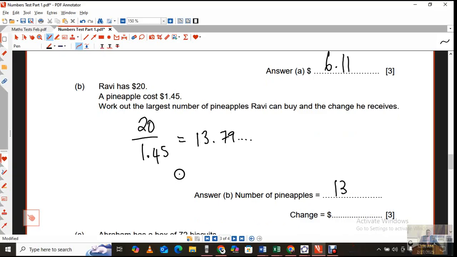Now, taking that into account, he pays with a $20 note. So you take that $20 minus 13 multiplied by 1.45 to see how much change he gets, and he's going to get a change of $1.15.